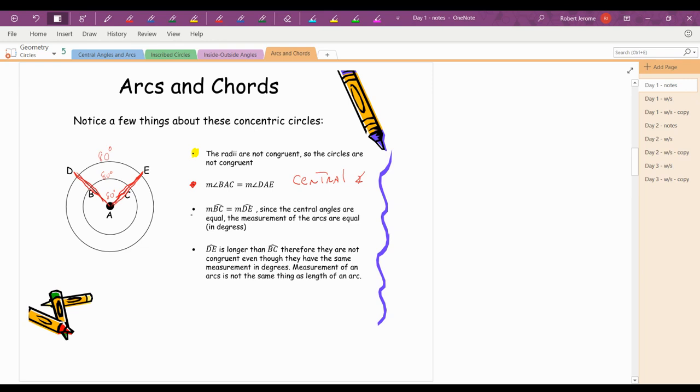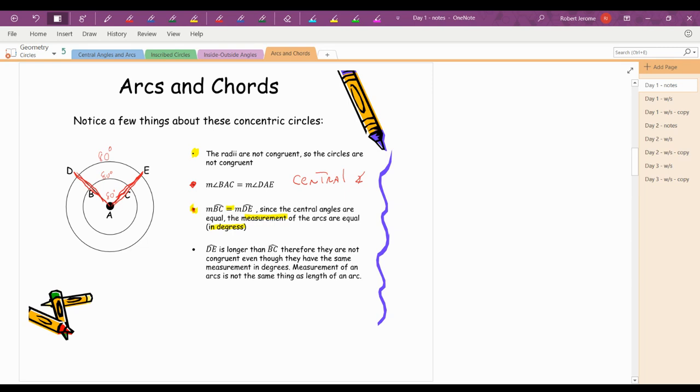So the arcs are equal in measurement. All right, that's kind of important here. The arcs are equal in measurement, in degrees. Now, we're not saying that they're the same length.